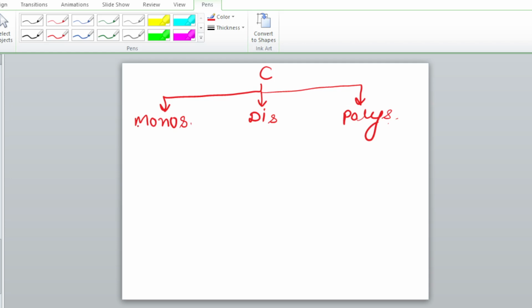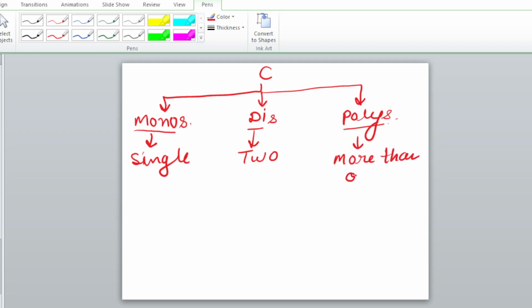What is the meaning of mono, di and poly? Mono represents a single molecule of sugar. Di represents two molecules of sugar, and poly represents more than one sugar molecule.